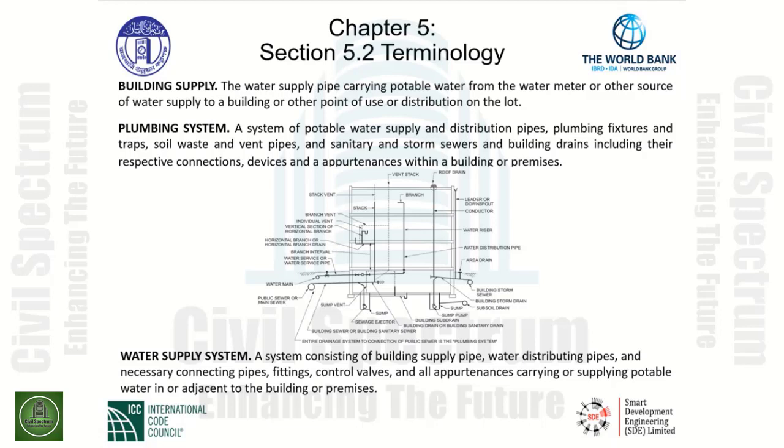There is a submersible pump within the sump here, and based upon the elevation of water within the sump, a float type system engages the pump and therefore lifts the water up into the building storm drain and allows it to drain by gravity completely outside of the building. This is what we call the plumbing system by definition.